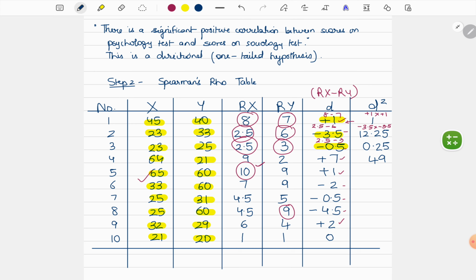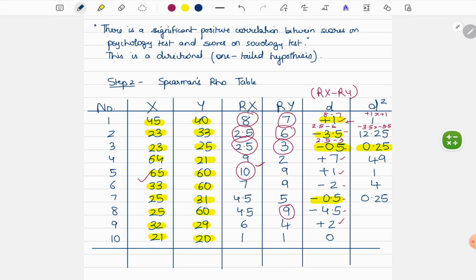Next is plus 1 squared is 1. Next is minus 2 squared is 4. Next is minus 0.5. Just be mindful of values you have already calculated previously. The same value of course will come next to this one, so you don't need to calculate again. This can save you time.